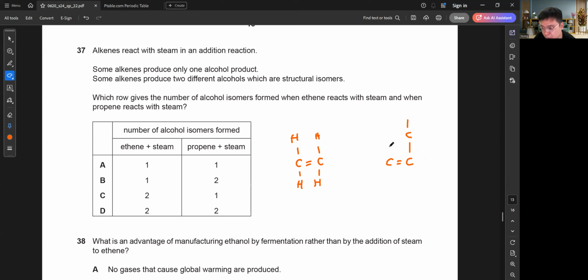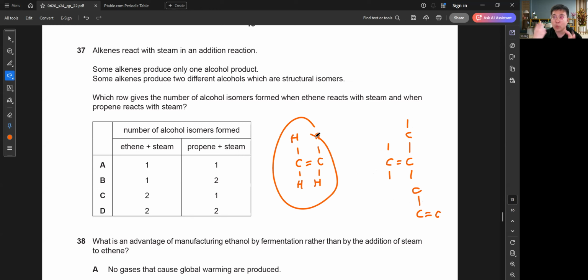I'm not going to draw it out, but they all have H here. But the thing with this propene is it can either be like that or like that. That means the carbon can be sticking to the left-hand side or the right-hand side. Because it's a slightly different structural formula, we call this two different isomers.